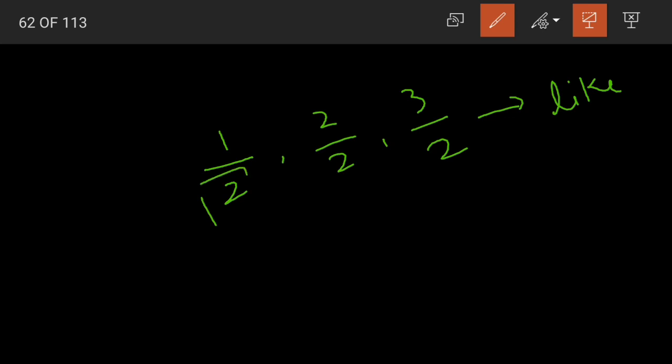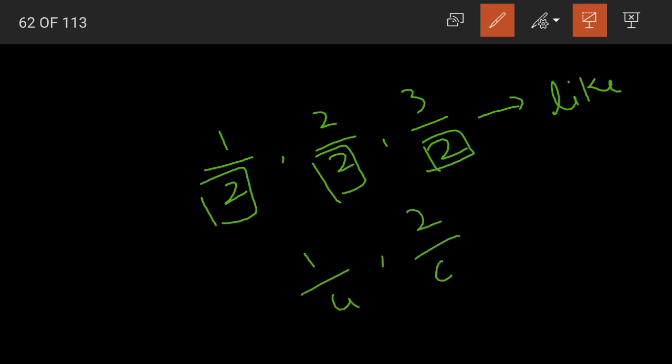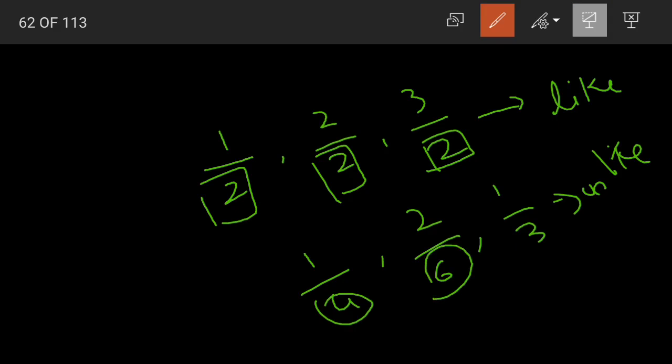Why? Because all these have the same denominator, that is 2. In the same way, the fractions with different denominators, say 1 by 4, 2 by 6, 1 by 3, are called unlike fractions because they have different denominators.